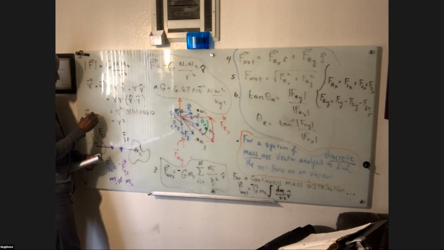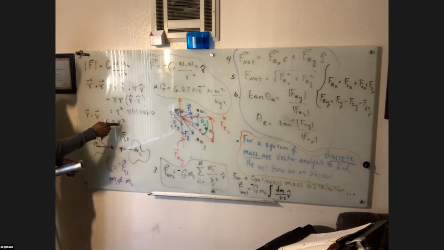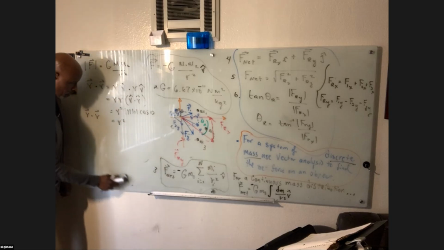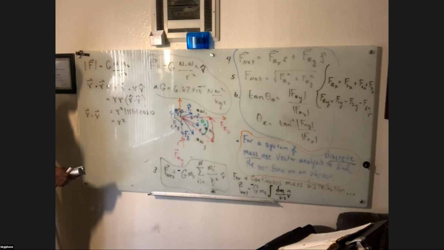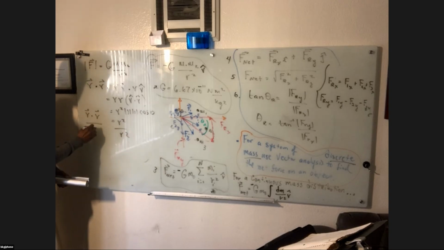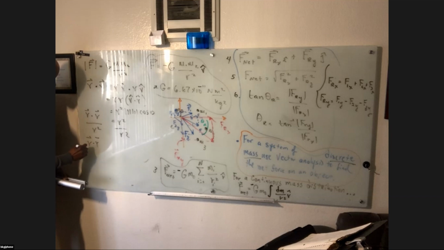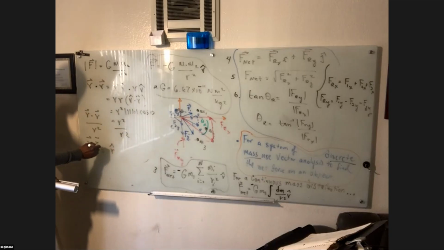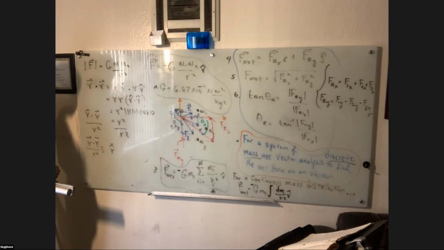The r vector times the r vector equals r squared. If I divide both of these by r squared, then I have r vector times r vector over r squared equals 1. The magnitude of a unit vector is 1, so I think that's the definition. I had messed up the previous thing. This is the definition of a unit vector.